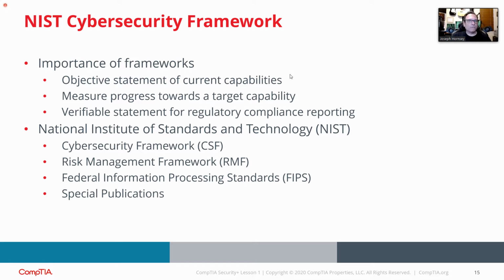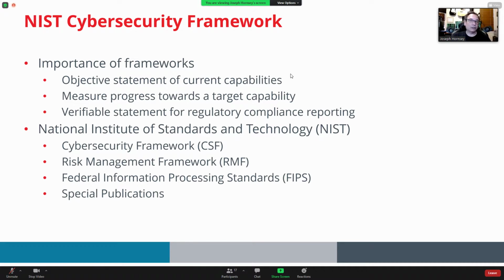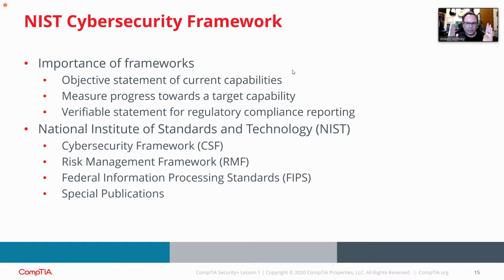So you'll hear it referred to a lot as NIST 800-171 or one of the others. The special publication is going to be some sort of standard that NIST has put out for a particular industry or certification or requirement.